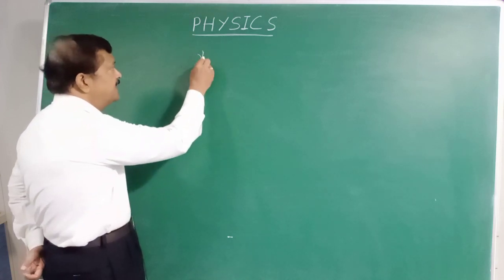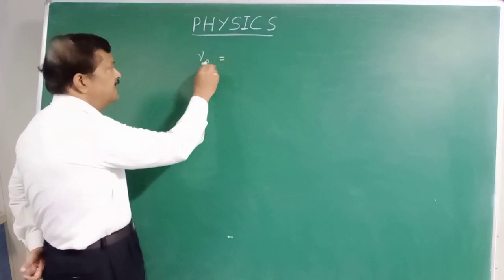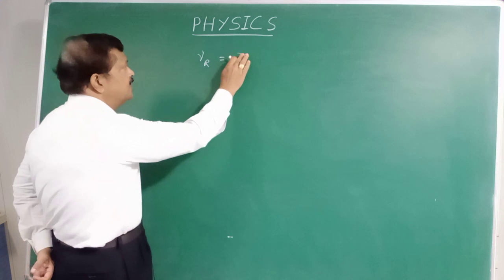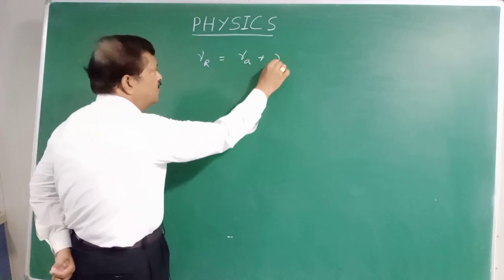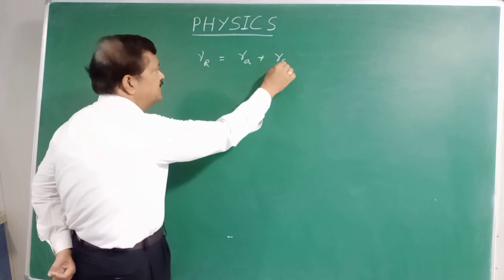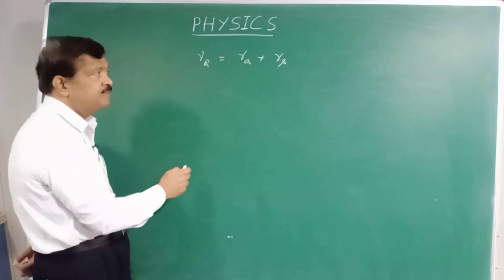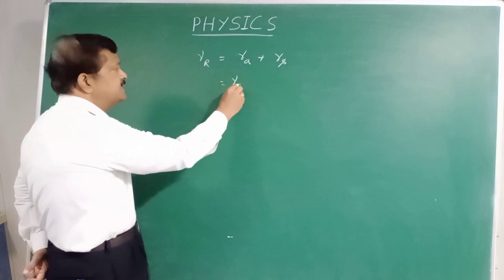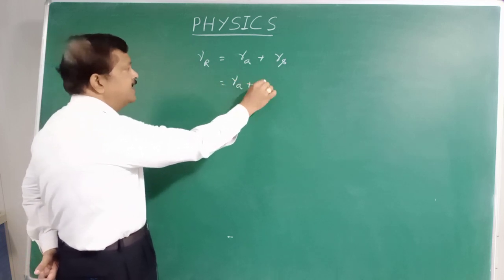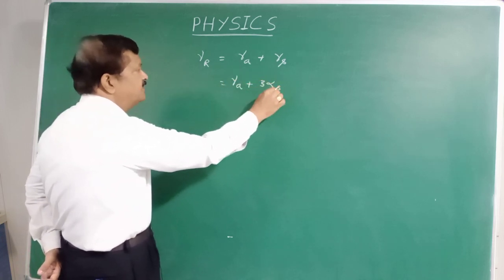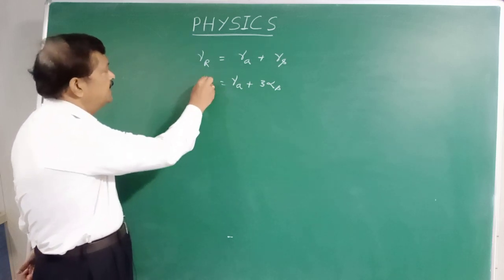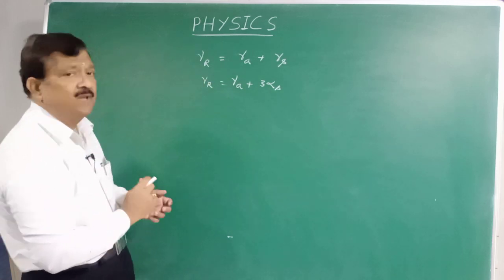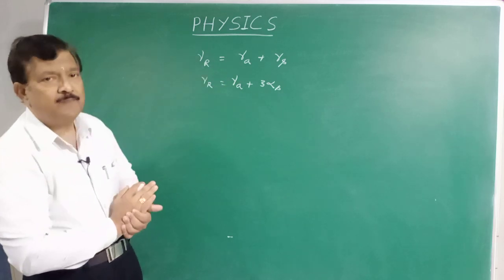They are related by: coefficient of real expansion is equal to coefficient of apparent expansion plus the coefficient of volume expansion of the container or the solid, or we can also write this as coefficient of apparent expansion plus 3 alpha of the solid, that is the container. So this relation we can express in any way.